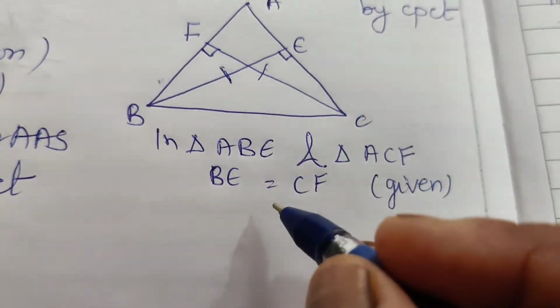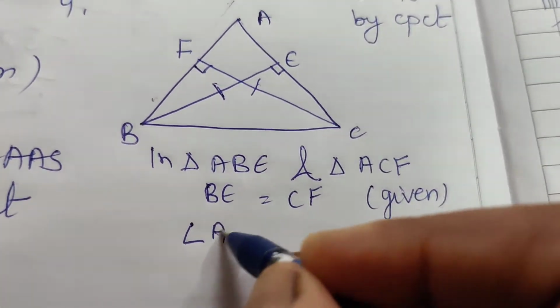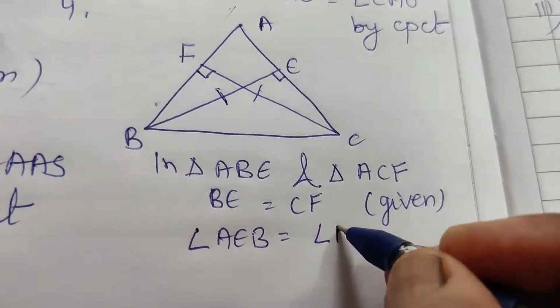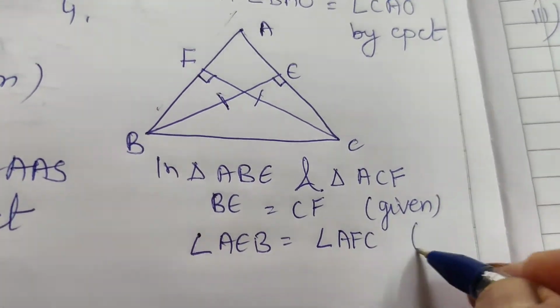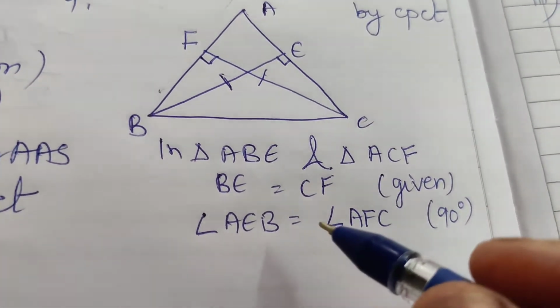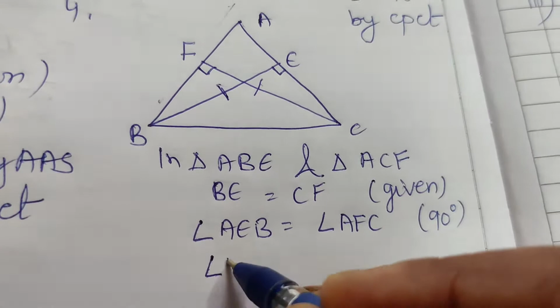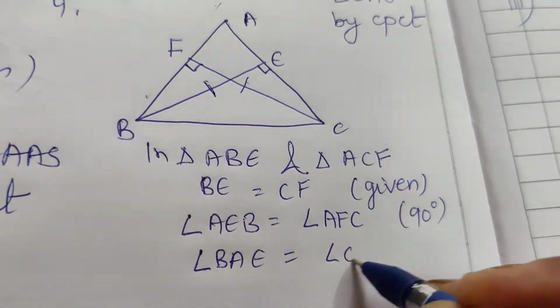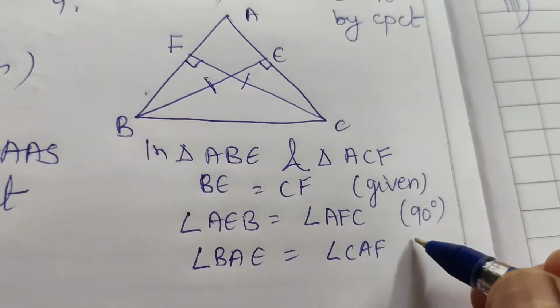Next, angle AEB equal to angle AFC, 90 degree. It means perpendiculars. And the third side is angle BAE equal to angle CAF, common angle.